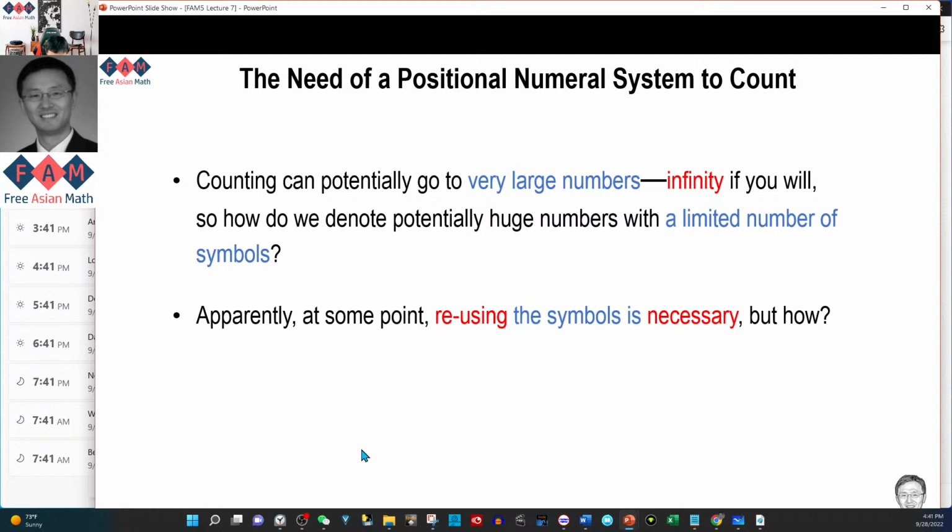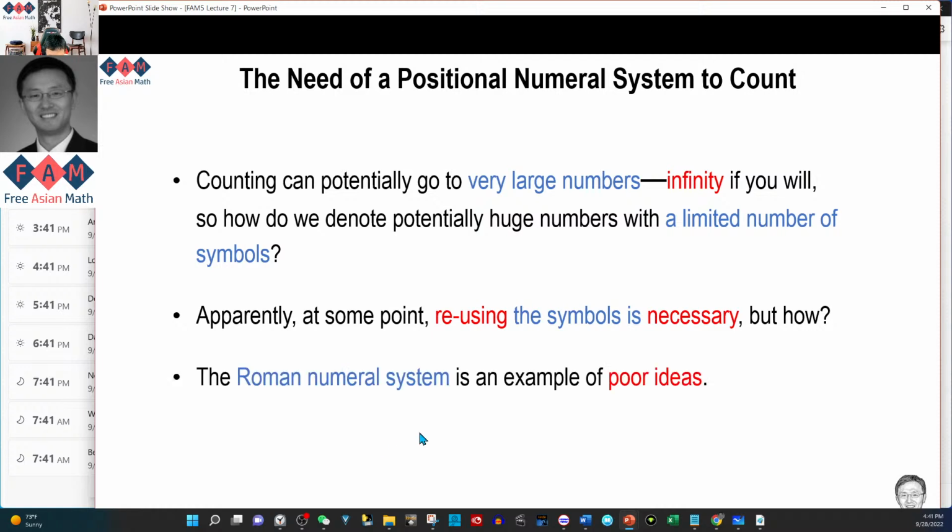And perhaps the most well-known and still current system, that means still living, not dead, is the Roman numeral system. And that system is really an example of very poor ideas.